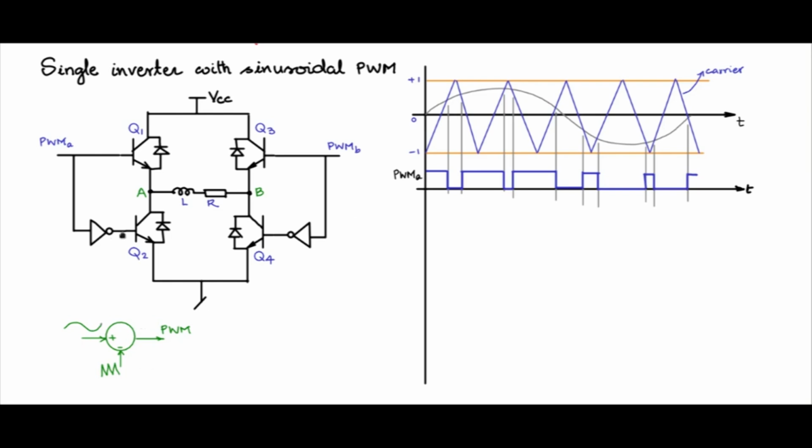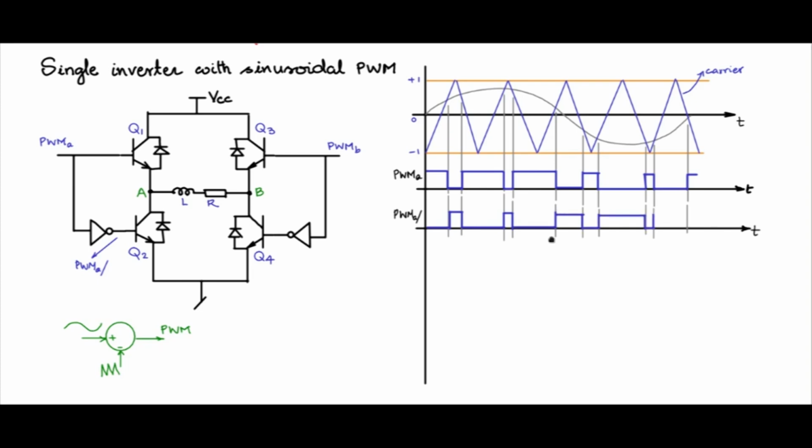Now here, at the bottom, the Q2 switch, we have, let us say, PWM A bar. So we can plot PWM A bar, which is, let me drag down these critical timelines and invert PWM A to obtain the PWM A bar in this fashion.